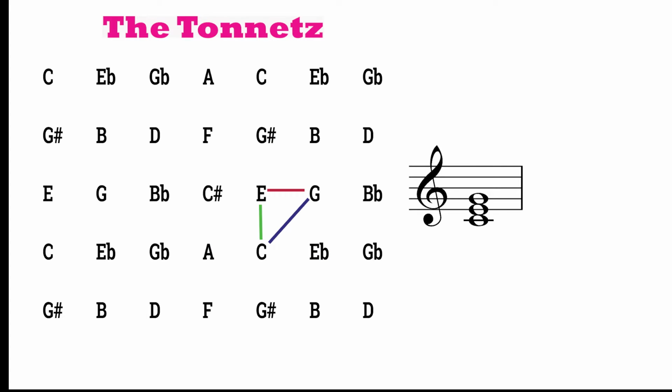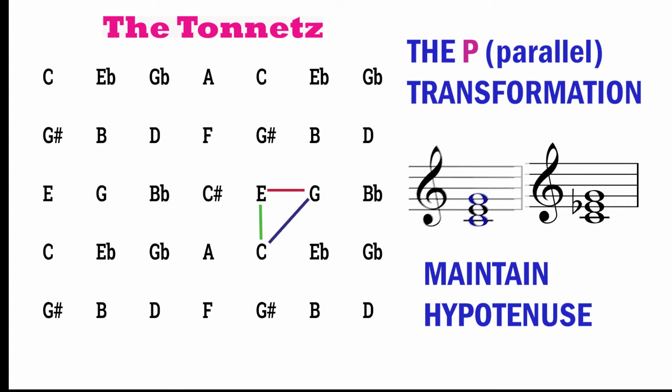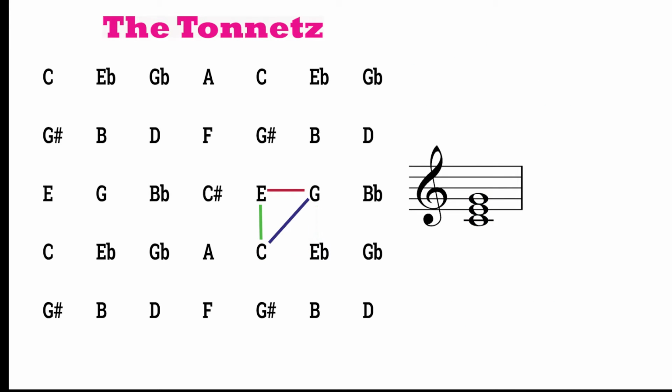Let's say we wanted to show a P transformation from C major to C minor. In this case, on the tonnetz, we would simply keep one of the lines in common. For the P transformation, we keep the hypotenuse, or the blue line, and we can see that the P transformation gives us C minor on the tonnetz. But what if we wanted to do a different transformation?